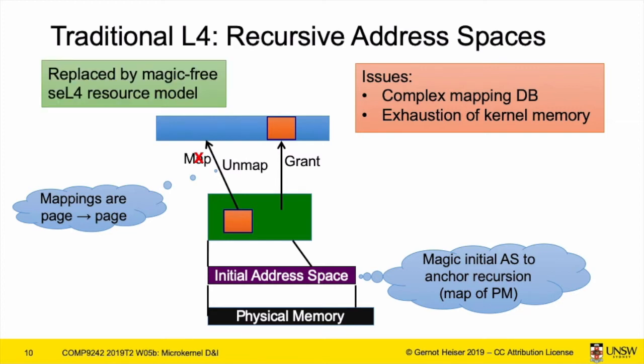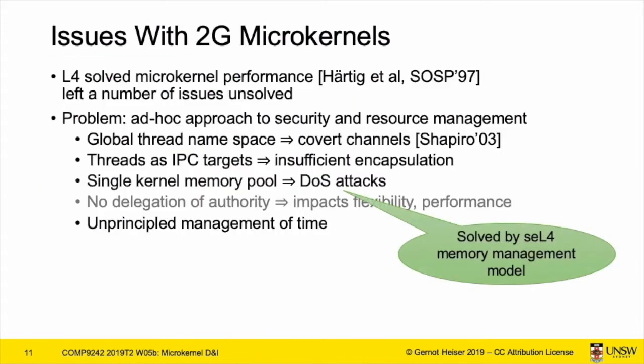And of course, in seL4 we replace that by the model where the user will have to explicitly provide memory to the kernel for its metadata. And as a side effect, we get rid of the magic of this initial address space. Anything that's magic usually has its bad side effects. Okay, so this takes care of the kernel resource management issue by our new memory management model.